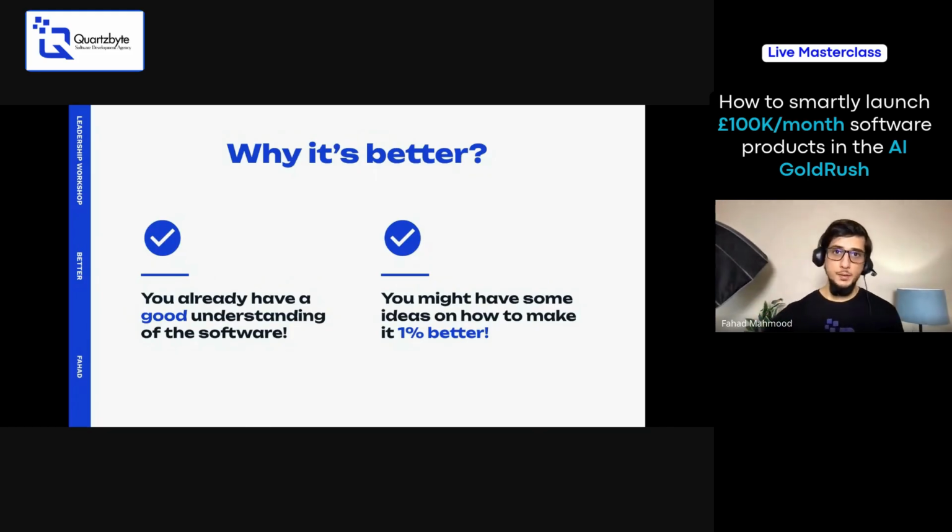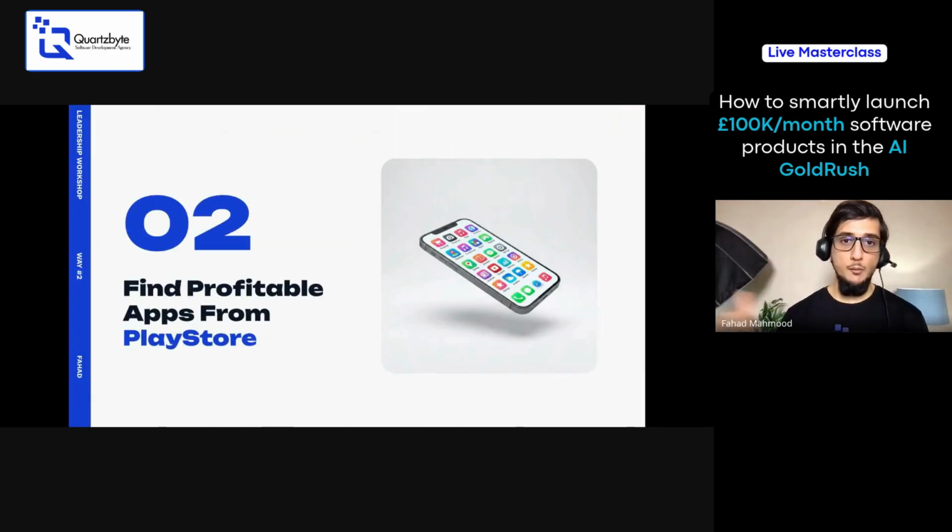But for some of you, you already have a lot of expertise in some industry, or you have some kind of interest or passion, and you want to build software along that industry or interest. If so, there's another way which I'm going to show you quickly, and that will also help you find a profitable app idea. And that is to find profitable apps from the Play Store.